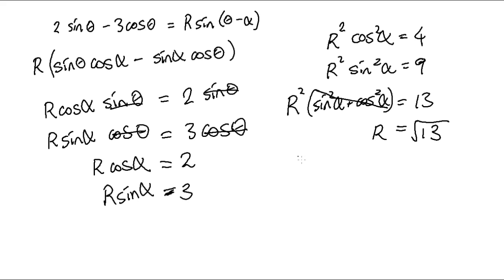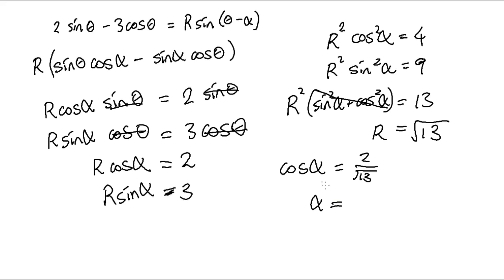And since we know this relationship, we can now say that cosine of alpha is equal to 2 divided by root 13. And so using the calculator we can find alpha.